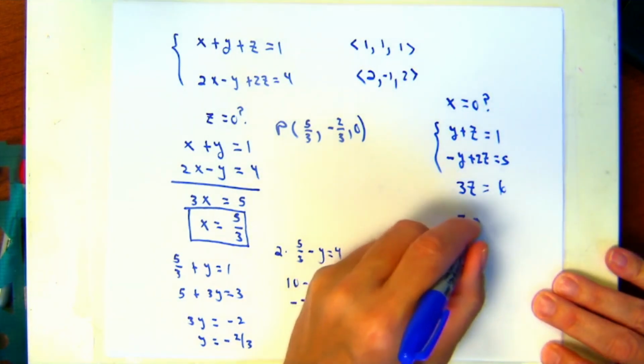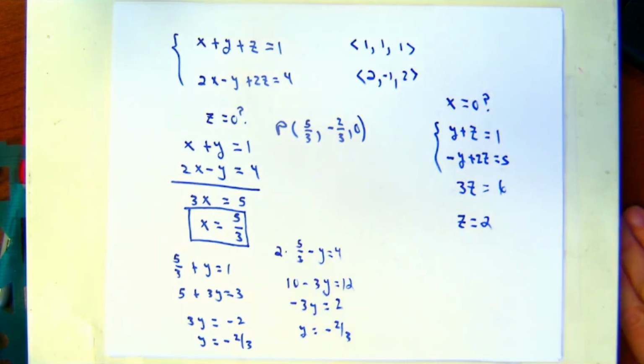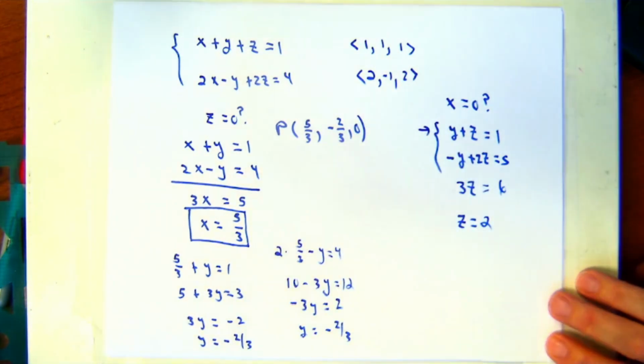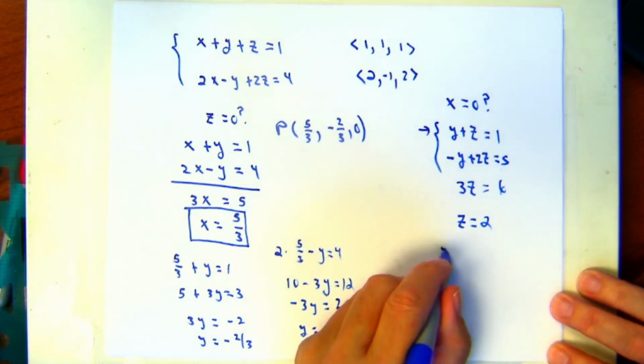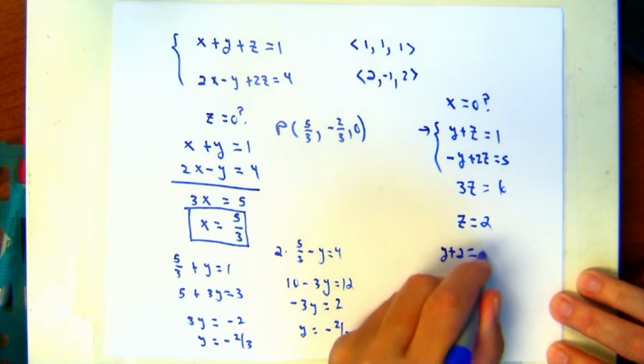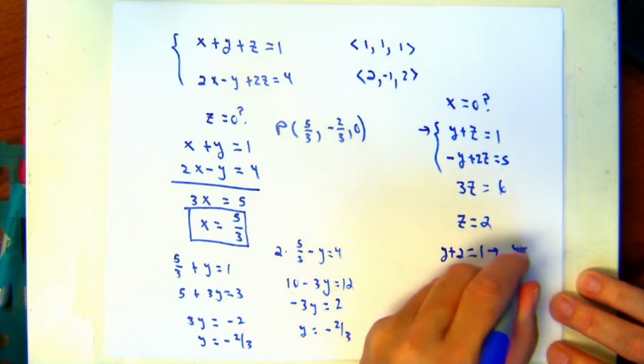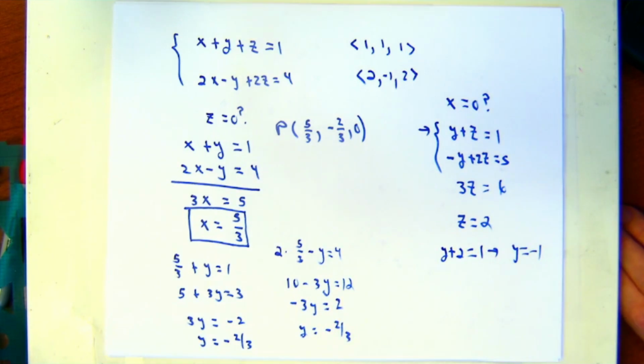Obviously, z would be 2. Now I need to figure out what the y is. From that equation, y plus 2 would need to equal 1, so that y would be negative 1.